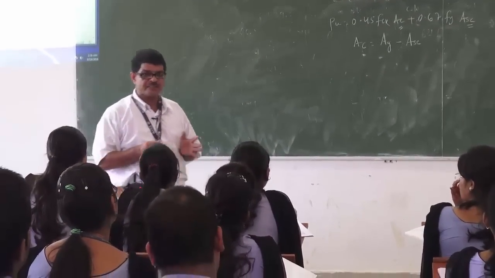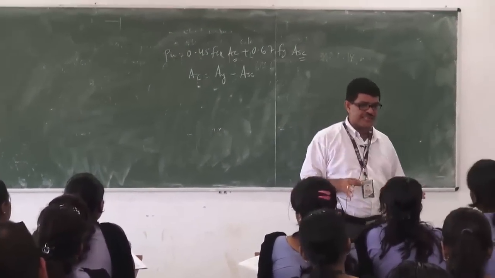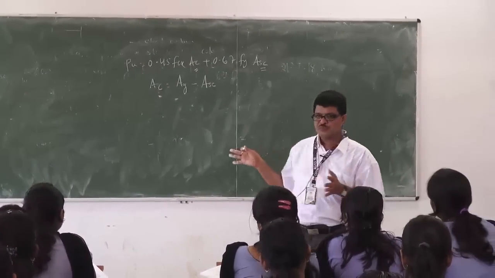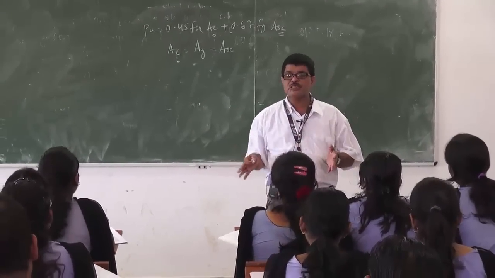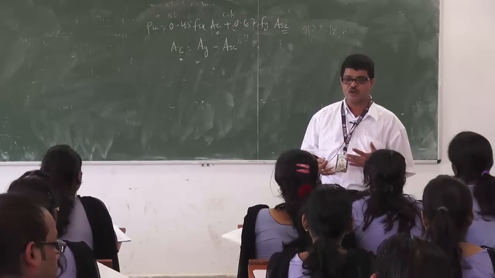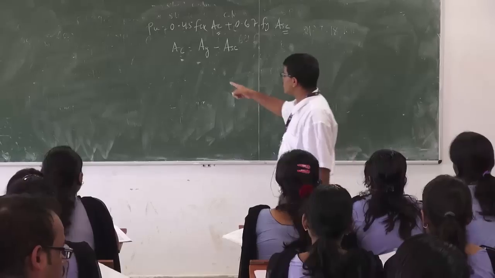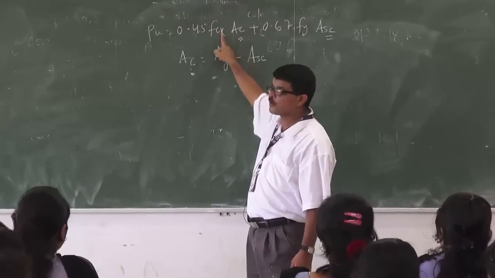To find the dimension of the column, you should know the gross area. So to find the gross area, you can assume the area of steel is a percentage of the gross area. Then the concrete area is also a percentage of the gross area, and you can find AG.